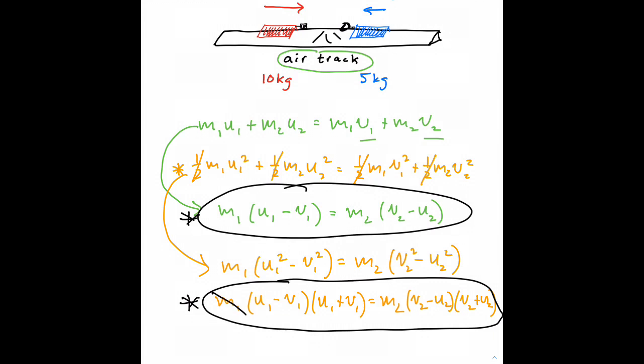When I do that, m1 cancels m1, m2 cancels m2, and then even the quantity u1 minus v1 cancels out, v2 minus u2 cancels out, and we're just left with a very simple expression that says the initial speed of object number 1 plus the final speed of object number 1 has to equal the final speed of object number 2 plus the initial speed of object number 2.